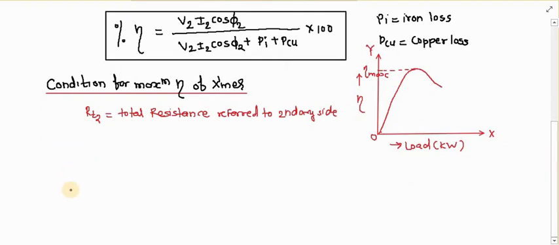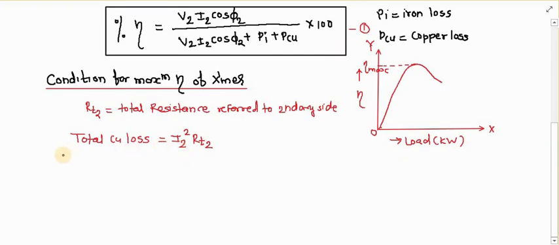Then for any load current I2, what is my total copper loss? Total copper loss for any load current I2 is nothing but I2 square RT2. Right? Yes. So this is your equation number 1.